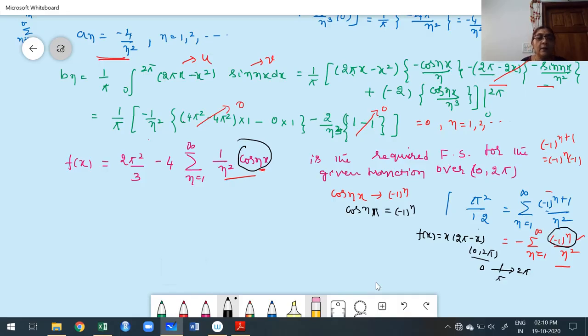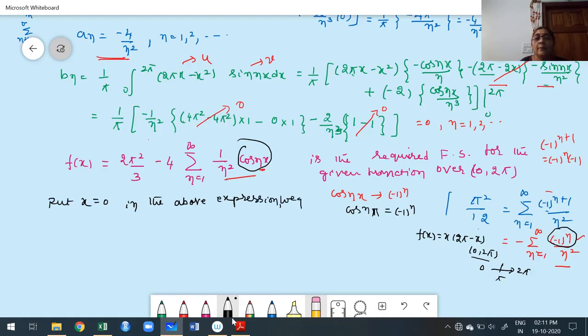It is in the interval. Therefore, we are going to put x is equal to 0. Before that, what you have written on the board is the required Fourier series for the given function over the interval 0 to 2 pi. Therefore, put x is equal to 0 in the above expression.